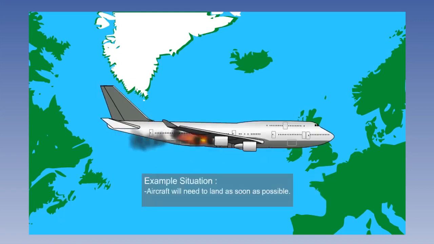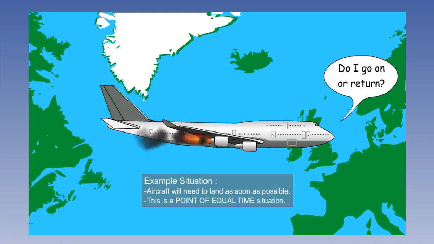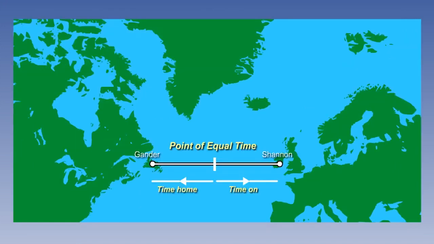Should a failure occur at some point over the Atlantic Ocean, the most important consideration is to get the aircraft on the ground as soon as possible. This is a point of equal time problem. The point of equal time is defined as that point along track from which it will take the same time to fly to one of two airfields.